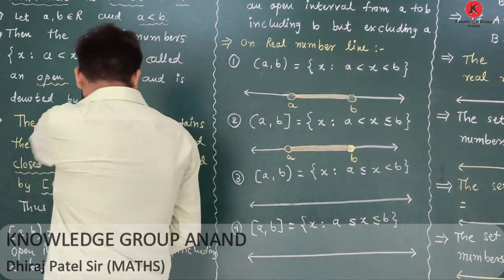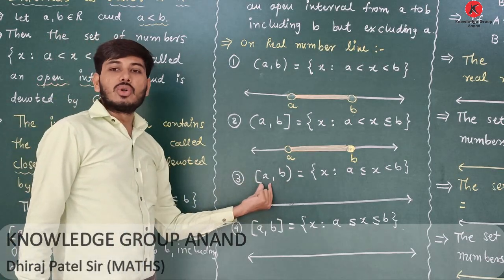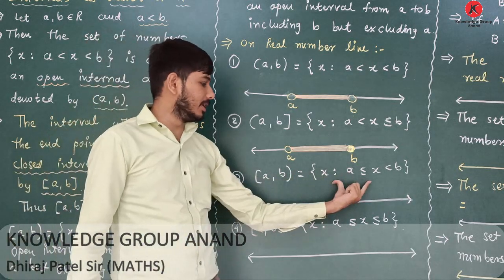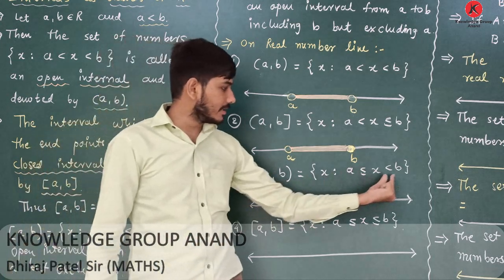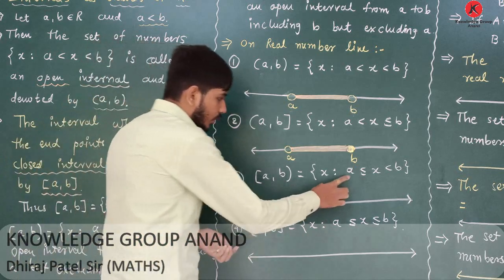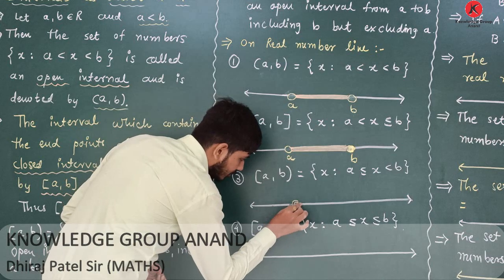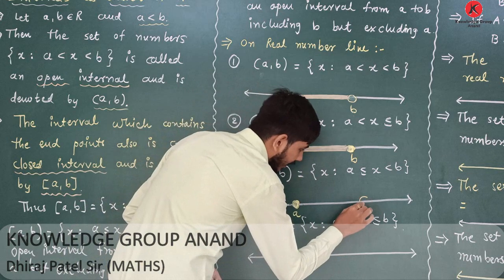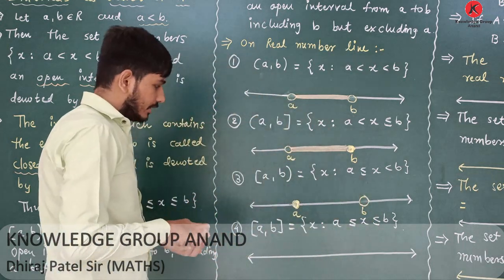Next, the third one, open interval from A to B including A but excluding B. We can also represent it in set builder form as x such that A less than or equal to x less than B. On the number line, we have to include A but not B. For including A, we put a dark circle here, and for excluding B, we put a hollow circle here.